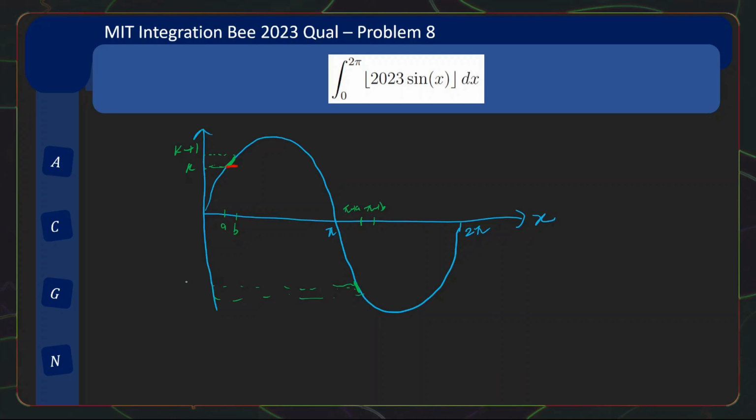So this will be minus k. And at pi plus b, the value will be minus k plus 1. And this time, if we take the floor function, what you'll get is this whole segment will be at minus k plus 1.